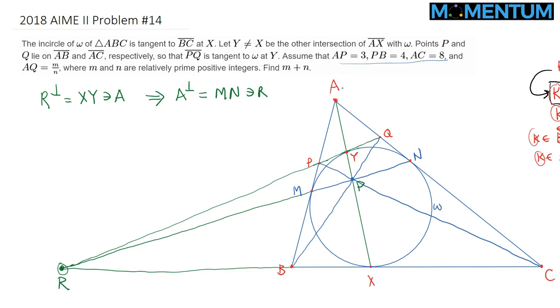I think the one that I will be using will be APXY. Does that make sense? So this cross ratio is -1 as well, and this just follows from perspectivity with respect to point R, right? Does that make sense? So let's first write that down.